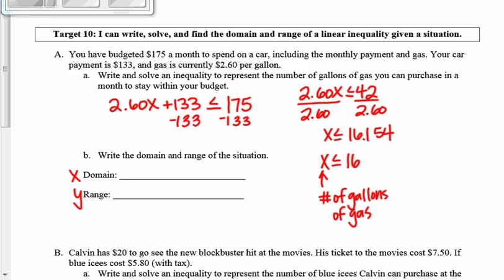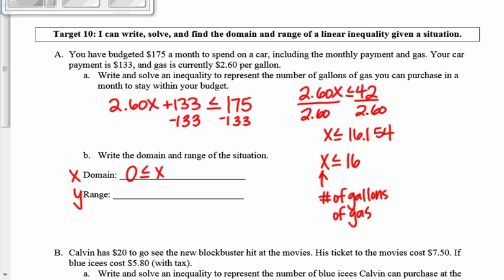Technically, you could purchase 0 gallons of gas in a month. If you're really not traveling anywhere, maybe you just filled up before the month began, and you are just staying home, then you could technically purchase 0. So when I write the domain here, I'm going to include 0 because it is a possibility. It doesn't say you have to travel.